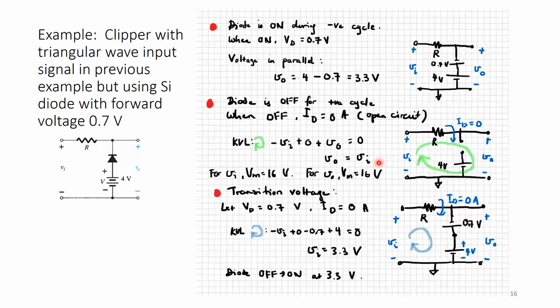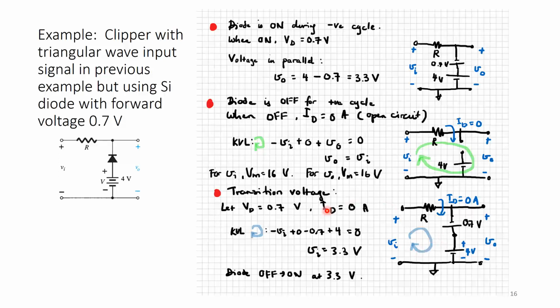And when V in is equal to 16 volts, V out is also equal to 16 volts. For the transition voltage, the maximum value is not affected by the 0.7 forward voltage, so it is still 16 volts, but the transition voltage will change because the diode will turn on once you consider the 0.7 volts drop as well.